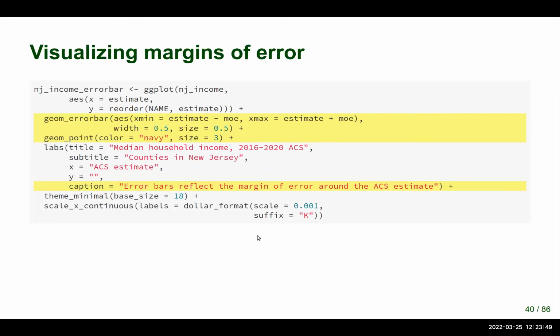A potential solution is to use what I'm calling here a margin of error plot. And what a margin of error plot does is, instead of using the bars, it modifies the information on the chart to basically show error bars around each estimate.